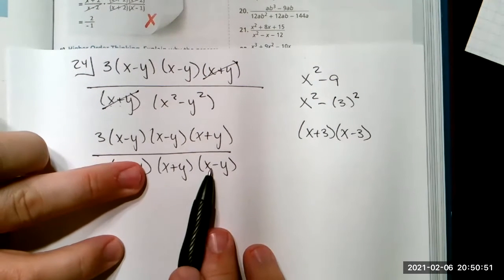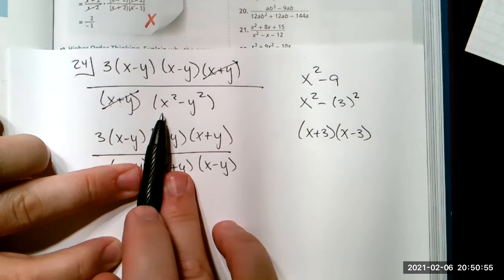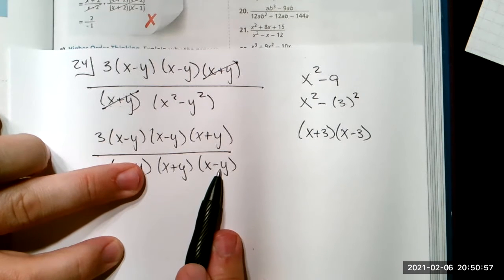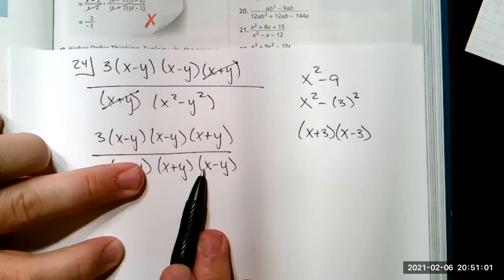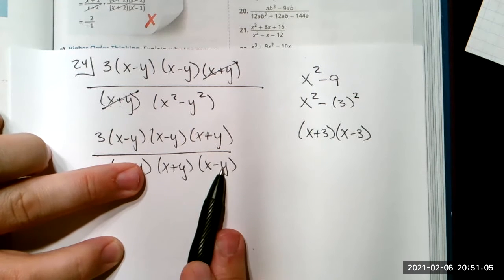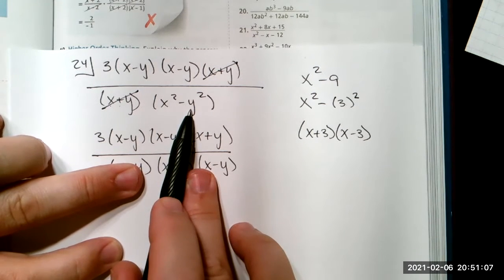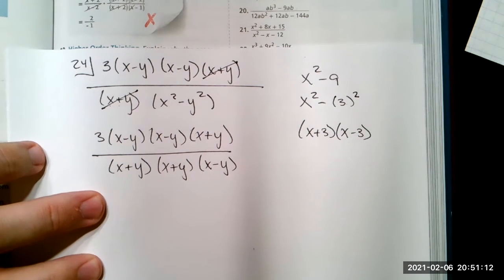Take these two binomials and multiply them together. X times x is x squared. X times negative y is negative xy. Y times x is positive xy, so they cancel each other out. And then y times negative y is negative y squared. So that works. Again, just kind of a tricky way to do the same thing you've been doing, just using algebra.